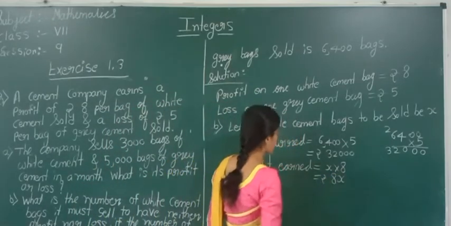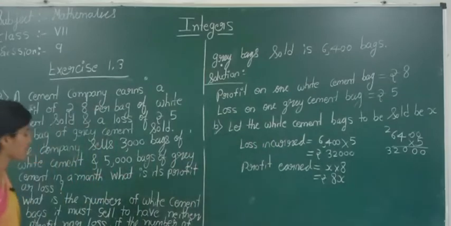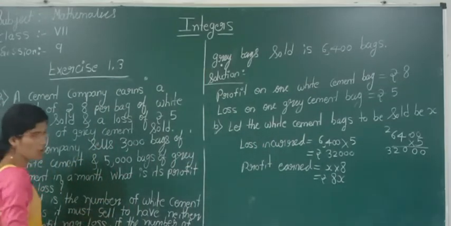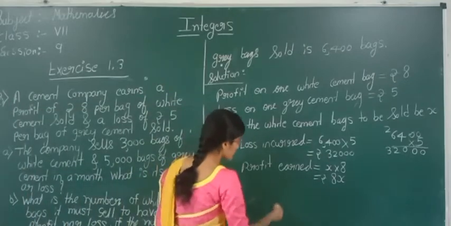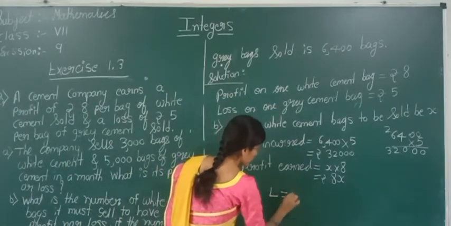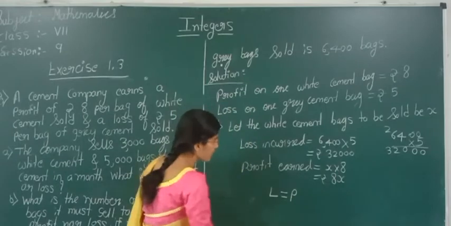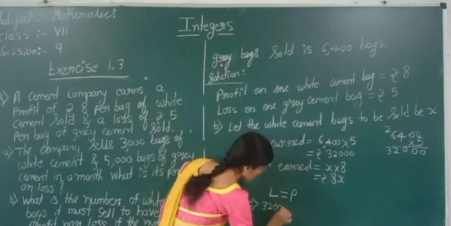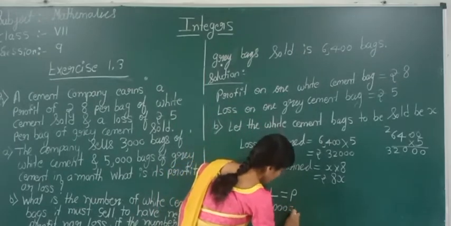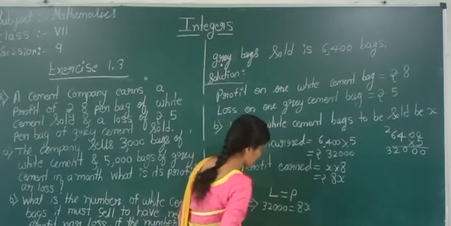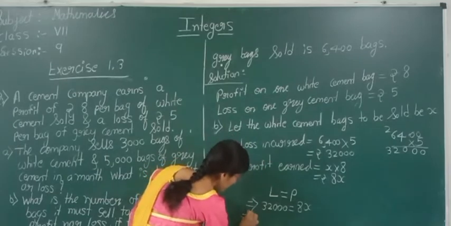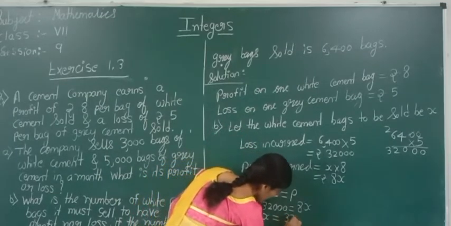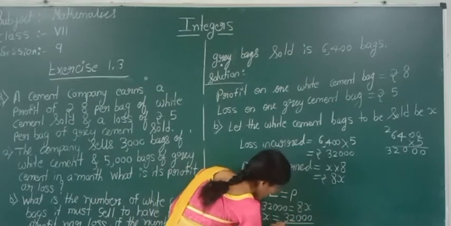Now what is the condition they have given? It must sell to have neither profit nor loss. We can say the condition should be loss is equal to profit. So this implies 32,000 is equal to 8x, that is x is equal to 32,000 divided by 8.